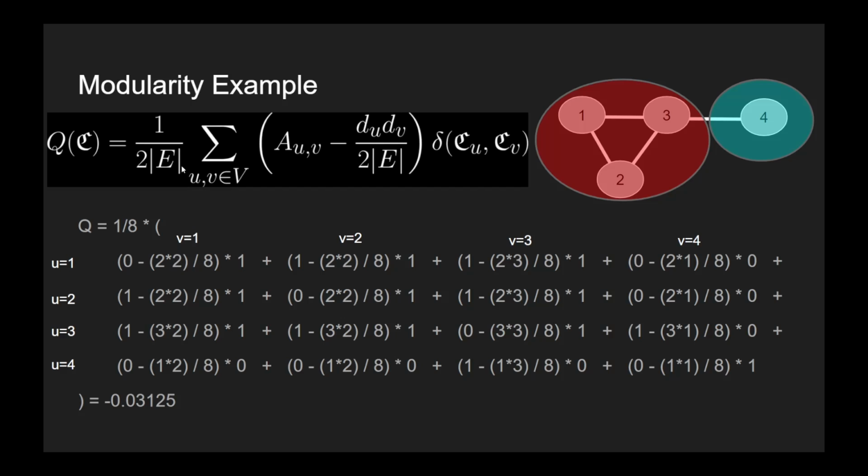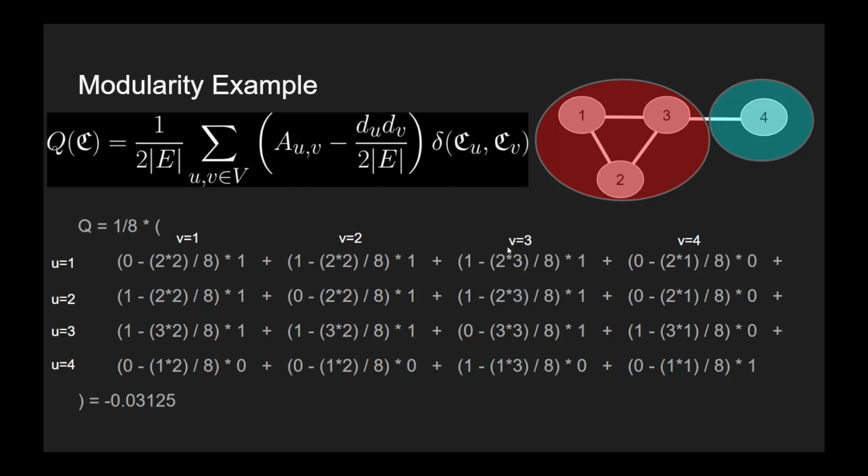Now remember, this summation is over every pair of vertices. So I've labeled each line here to show which vertex we're looking at. So for instance, this line here is everything for vertex corresponding to U. So this is going to be the term for vertex U equals 1 and V equals 1.